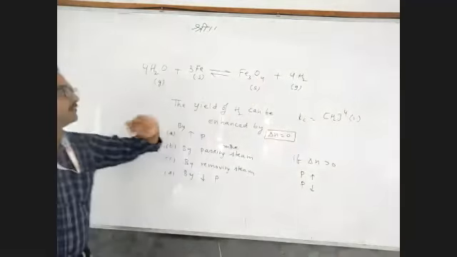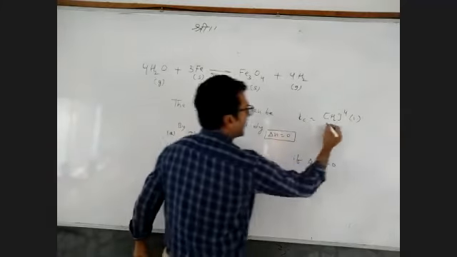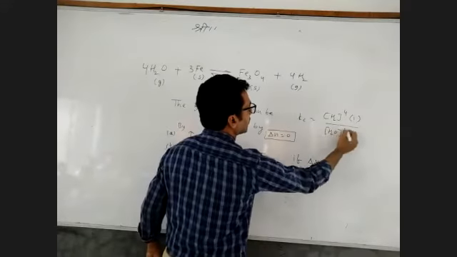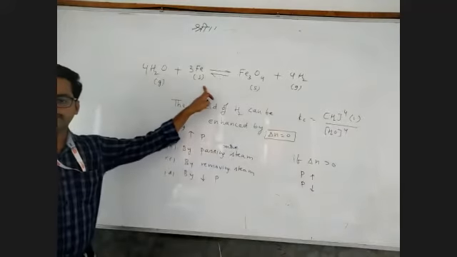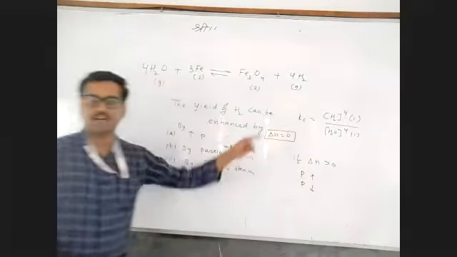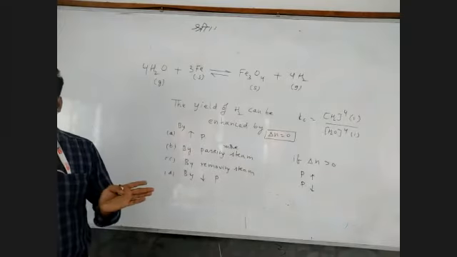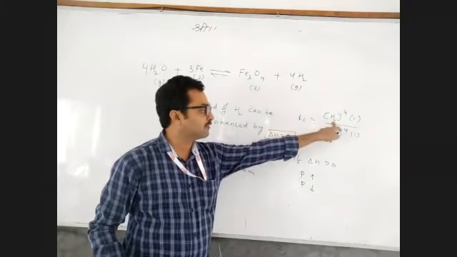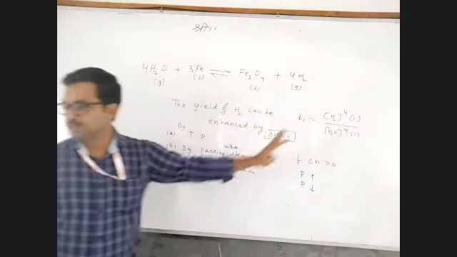Whatever is the power, by H2O whole power 4. They didn't ask, but if they ask, you have to write like this. Even for pressure, you will write pH2 power 4 by partial pressure of steam whole power 4.